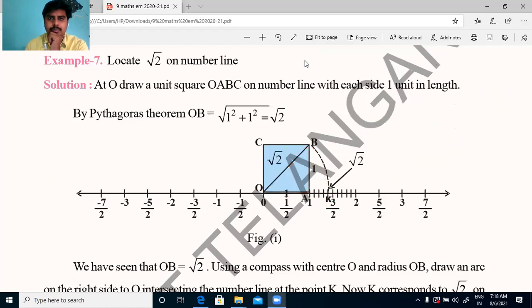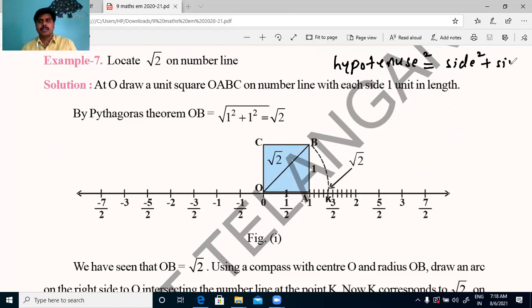See, what is the Pythagoras theorem? Hypotenuse square is equal to side square plus side square. Okay, clear? Hypotenuse square is equal to side square plus side square. Clear? So why do we need to use Pythagoras theorem?